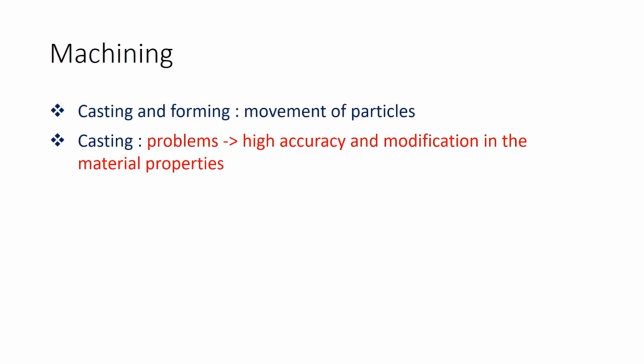The resolidification is a very complex phenomenon. It is very difficult to control. That is why it is quite challenging to get the required accuracy during the casting process. Well, we are heating up the material and then cooling it. So, naturally there is a change, a modification, in the material properties. It may not be desired in certain applications.